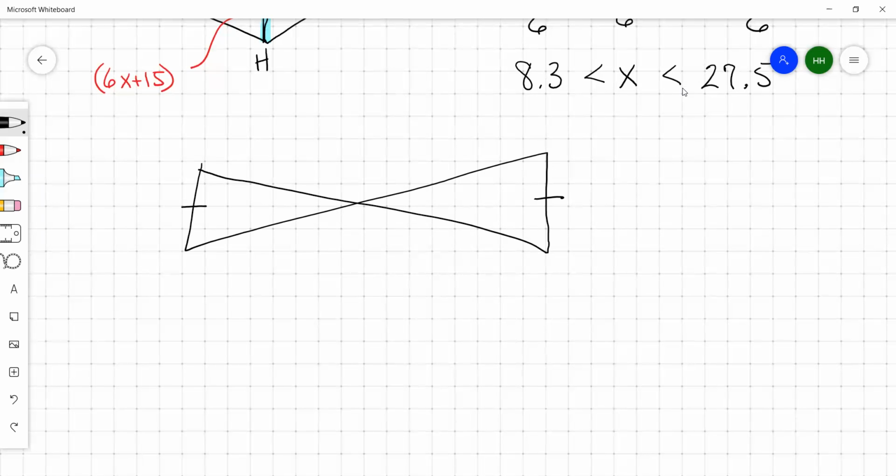We've got this side here that's 50 and this side that's 50. A 68-degree angle and a 55-degree angle. And then a side that's 47 and a side that's 5x plus 2.